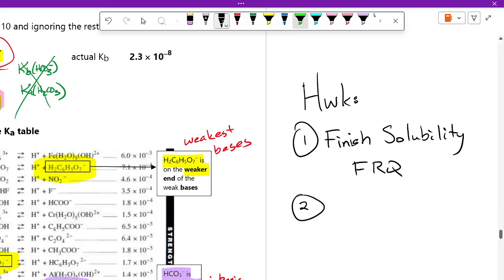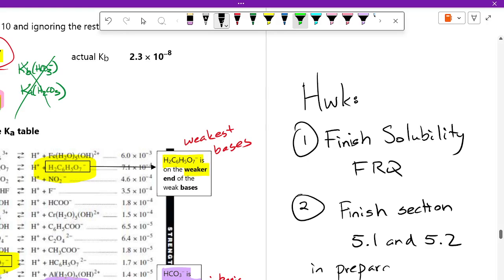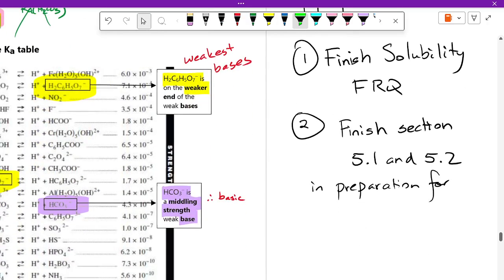Second, you're going to finish section 5.1 and 5.2 in preparation for Monday's quiz, on indicators and Kb.